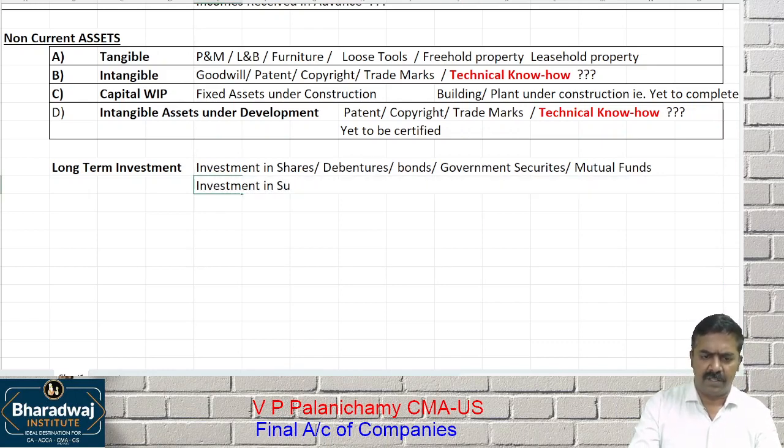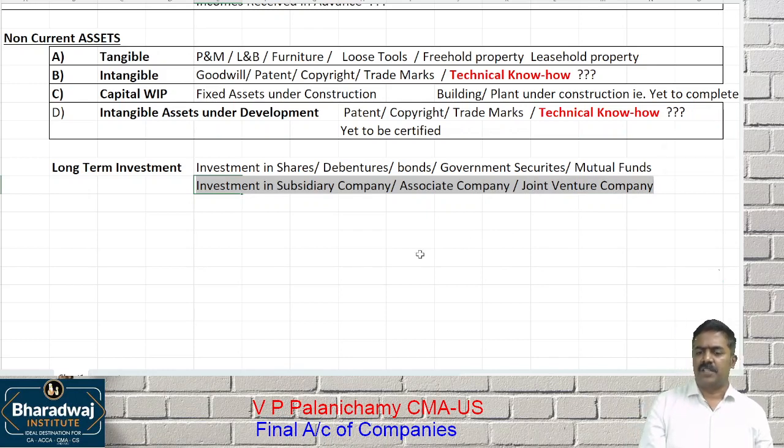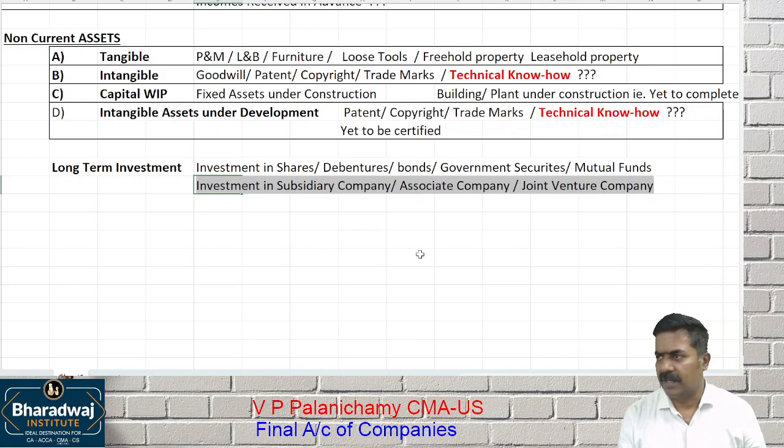Investment in subsidiary company, associate company, joint venture company. Complete details we have to give. We have got a separate accounting standard for it: accounting for associates, subsidiary, joint venture. We are going to discuss that separately.